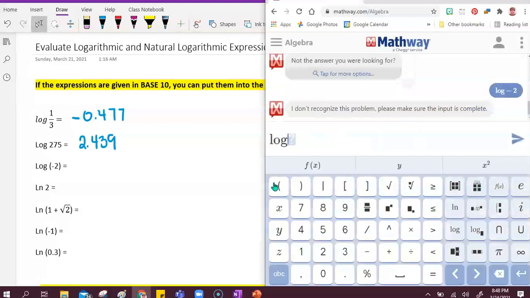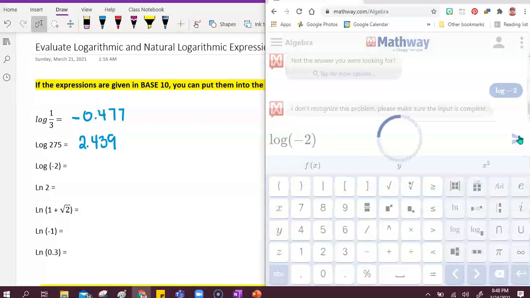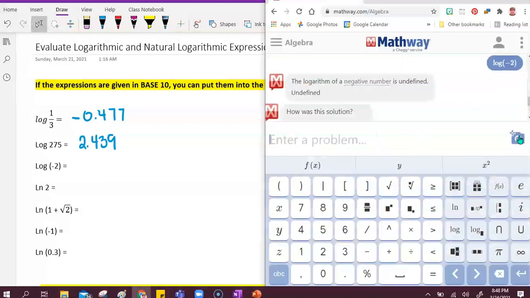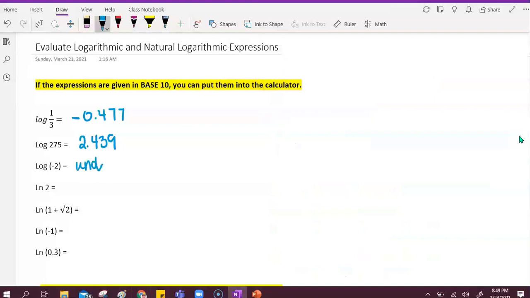You will notice when I put in a negative number, I'm going to put it in parentheses also, and we cannot get an answer because there is nothing. 10 raised to any power is never going to give us a negative number. So this one is undefined.